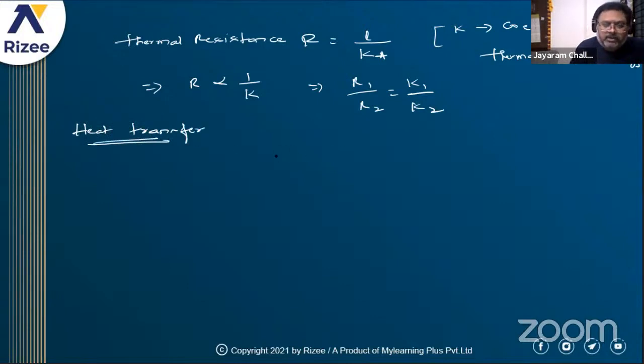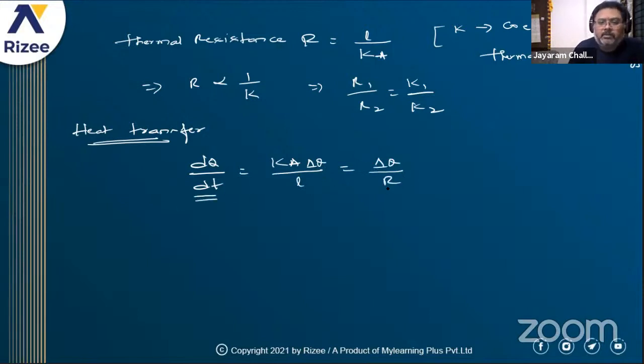So coming to the heat transfer conditions, dQ/dt can be written as KA delta theta, that is the rising temperature, by L, or the same thing I can write as delta theta by thermal resistance.